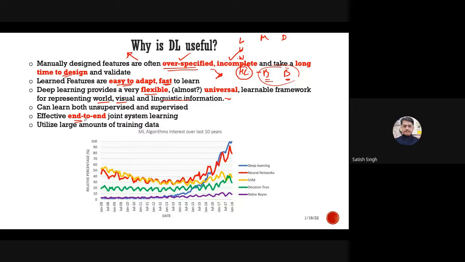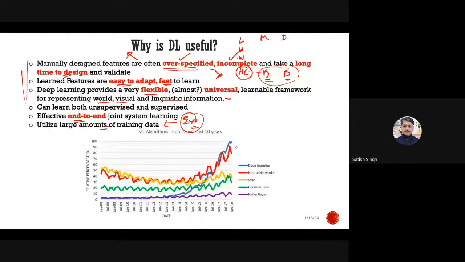Moreover, it is an end-to-end framework, so you need not bother how to define the features or find the effective features. And it utilizes a large amount of training data. It means this is totally based on a large number of experiences only.